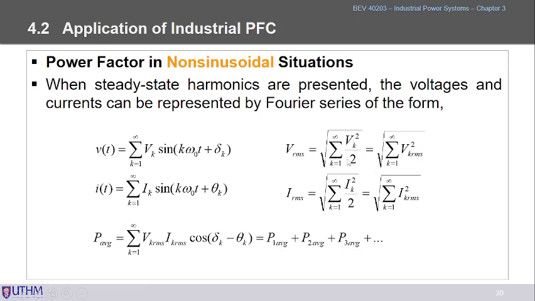The P average is the summation of the multiplication of VRMS and IRMS with the consideration of the cos theta, the power factor angle. So P1 average is the fundamental waveform, P2 is for the second order harmonic, this is the third order harmonic, etc.